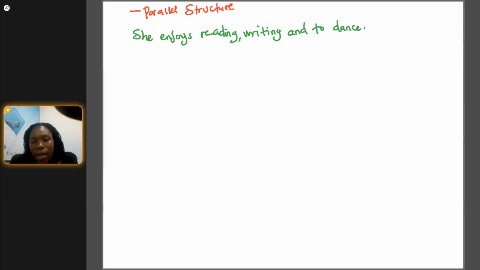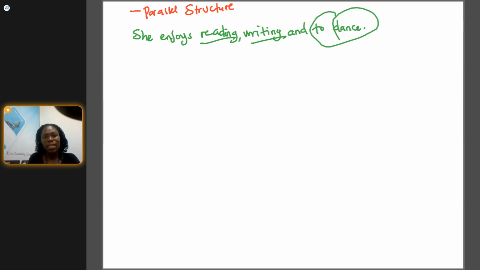Now, you can look at this sentence and say, okay, this sentence is grammatically correct. But no, the sentence is not correct because there is no parallel structure. What do I mean? She enjoys reading, she enjoys writing, and what? She enjoys to dance. Is that what you're trying to say? There's something wrong with this.